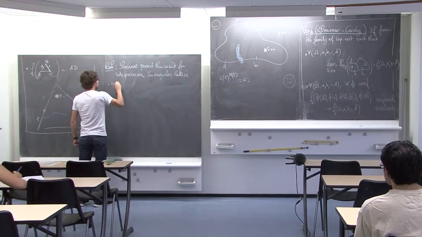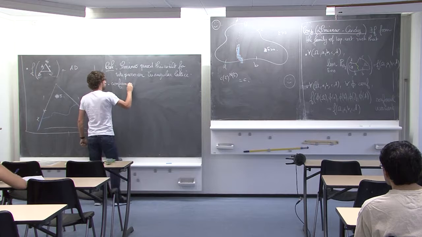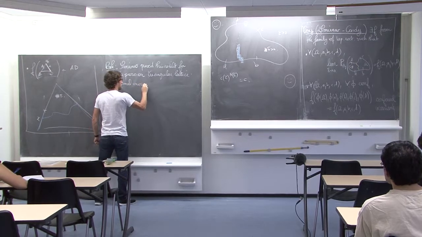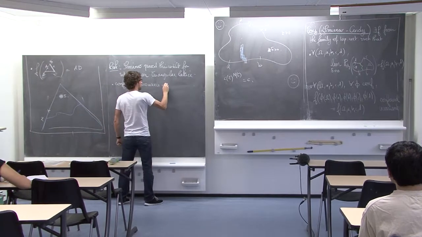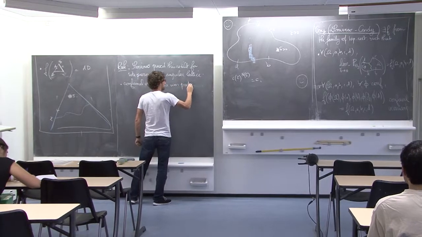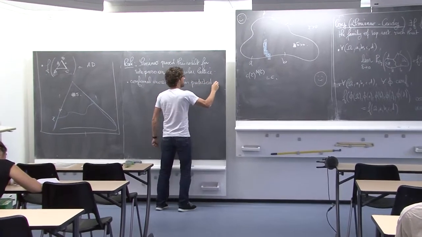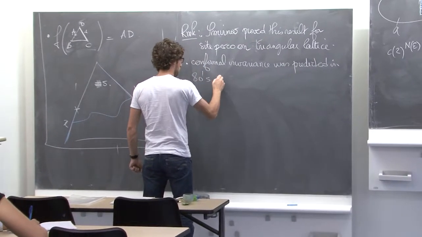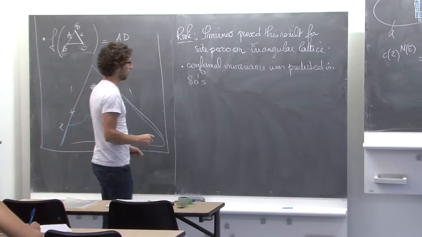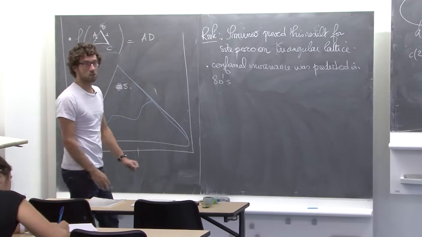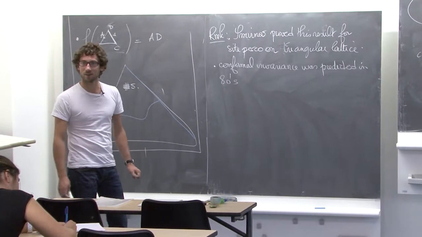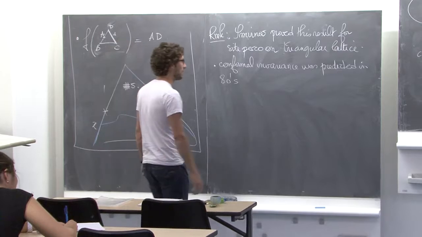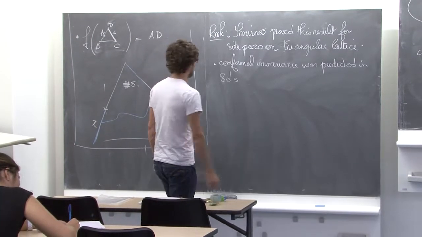So conformal invariance was predicted in the 80s, in fact, even maybe earlier, but in the 80s, by Belavin, Polyakov, and Zamolodchikov. Because there is absolutely no way I'm going to spell them right, I'm just not going to spell them at all. So, by physicists.